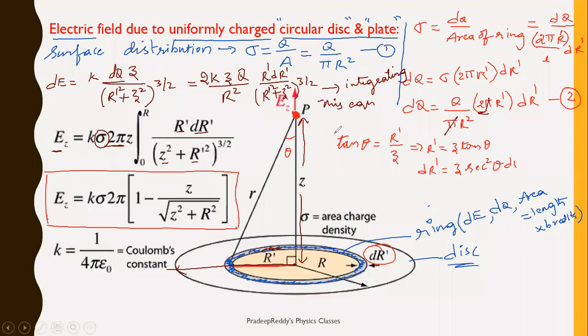You can use this concept in order to integrate. Take these terms, substitute over here and integrate, just like we did in the previous article. Finally you will get the expression Ez is equal to k sigma 2 pi whole of 1 minus z divided by under root (z square plus r square). This is the final expression for electric field due to disk.